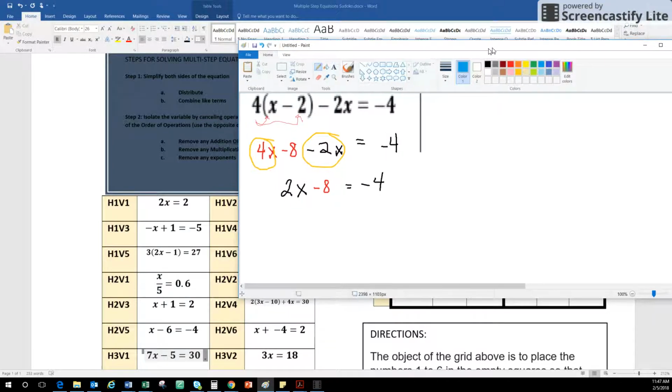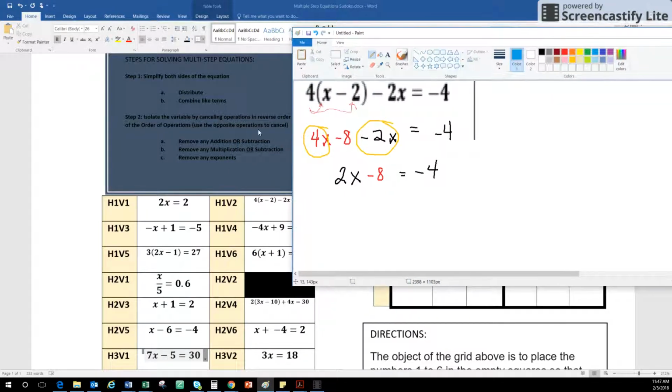Now I can go about solving like we did with the two-step equations. Remove any addition or subtraction. Remember, our goal is to get x by itself. So whatever I do to one side of this equation at this point, I got to do to the other. I'm going to get rid of the -8 by adding 8 to both sides. That'll leave me with 2x over here because these guys will cancel off. -4 plus 8 is just +4.